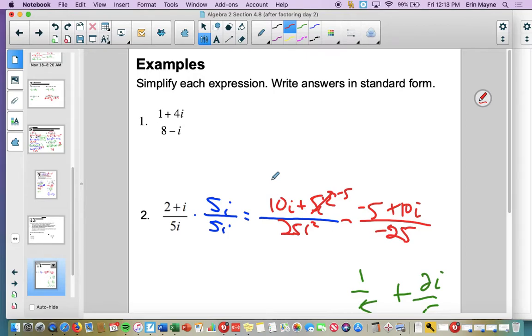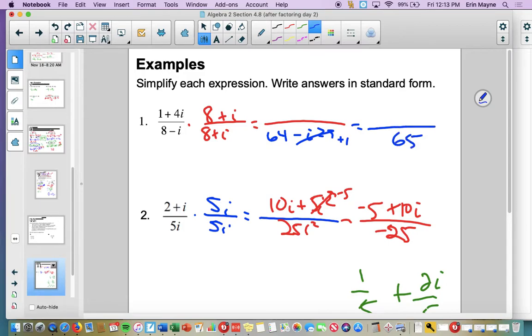I'm going to multiply by the complex conjugate on top and bottom. The real part stays the same. The imaginary part is the opposite. And on bottom, I have 64. Outside, inside cancels. Minus i squared. This is really plus 1. This is something over 65. And on top, I have 8 plus i plus 32i plus 4i squared, which we know is minus 4.